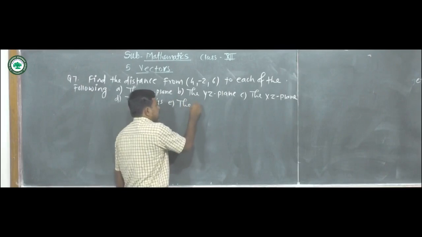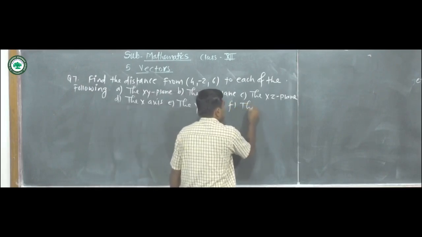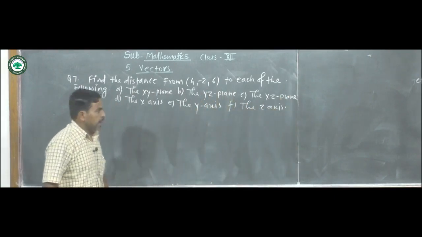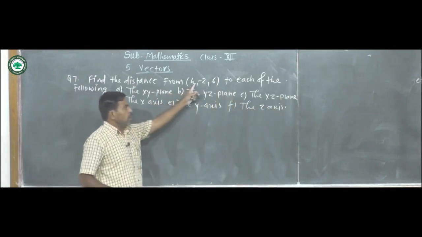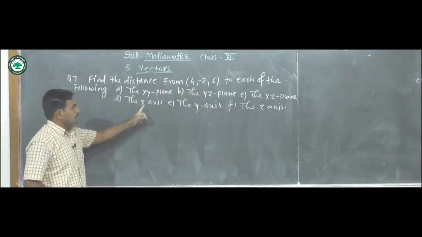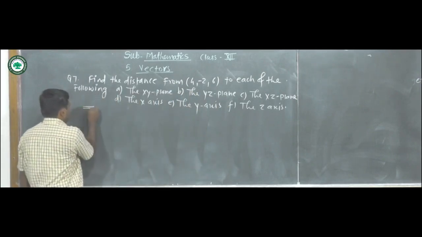E, the y-axis. And F, the z-axis. Means here we have to find out the distance of this point from xy plane, yz plane, xz plane, from x-axis, y-axis and z-axis. Okay, we see it one by one.